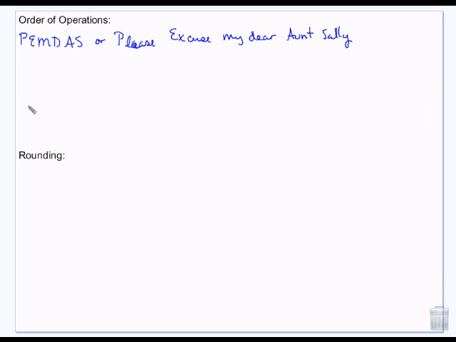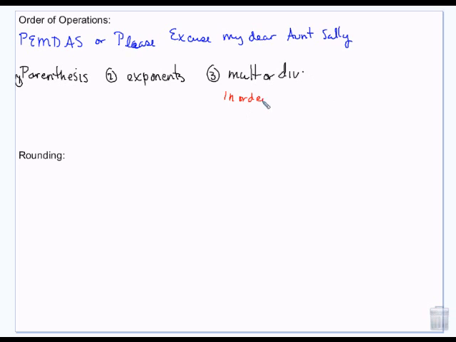Okay, and this is just the order that you do things in. First is parentheses. That's step 1. Step 2 is exponents. Step 3 is multiplication or division, in order, that way.